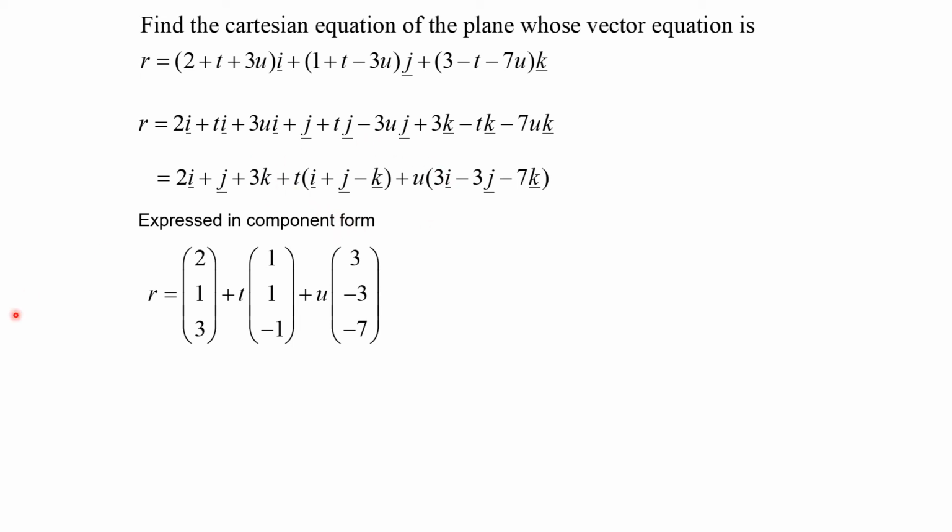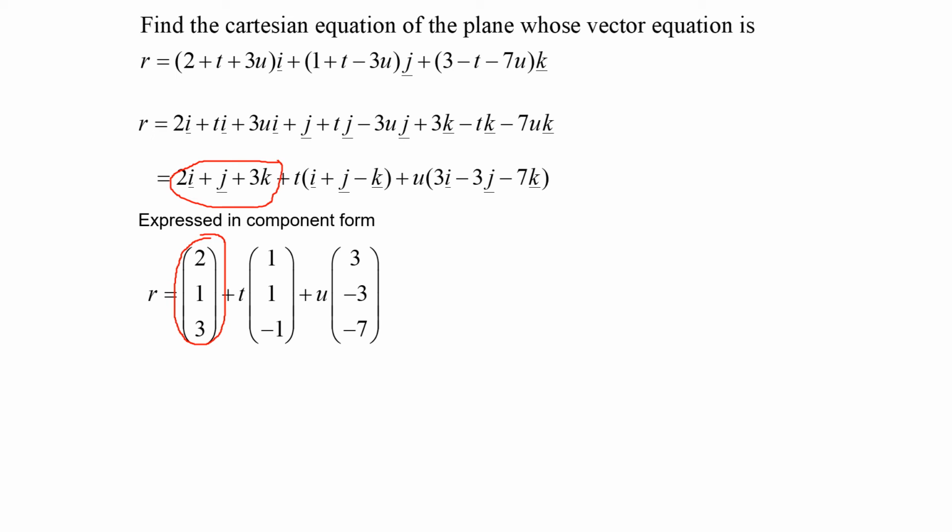So recap back, by definition, vector equation of a plane, r equals to the vector a. So the vector a here is represented by 2i plus j plus 3k, which is 2, 1, and 3, written in component form.